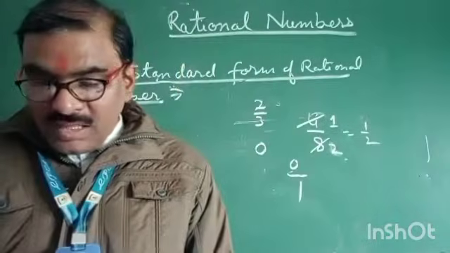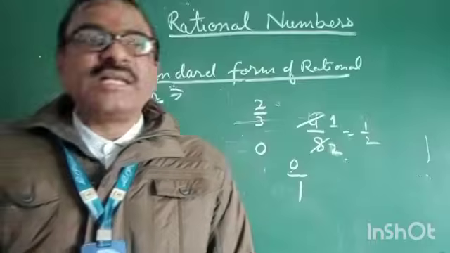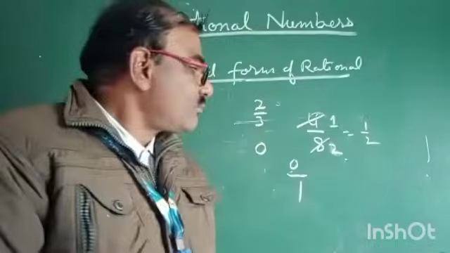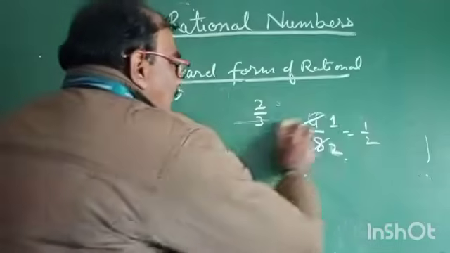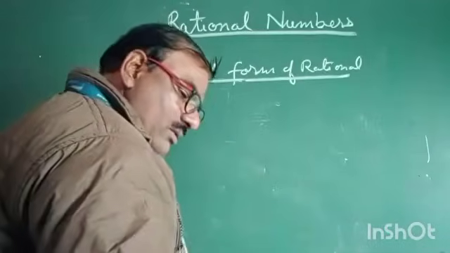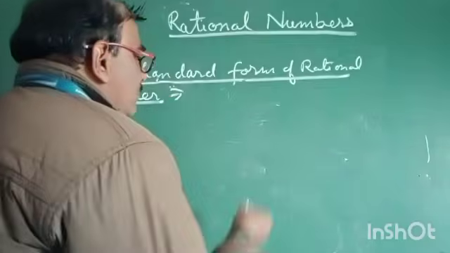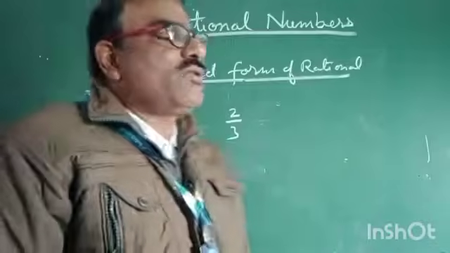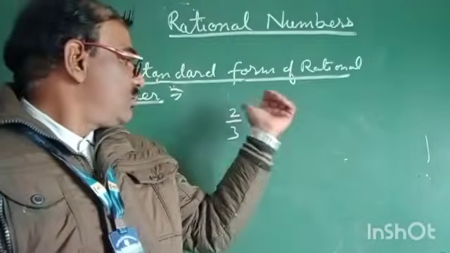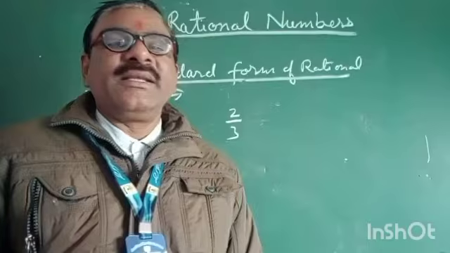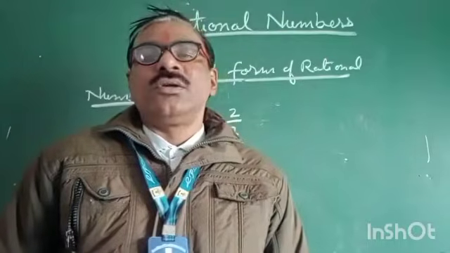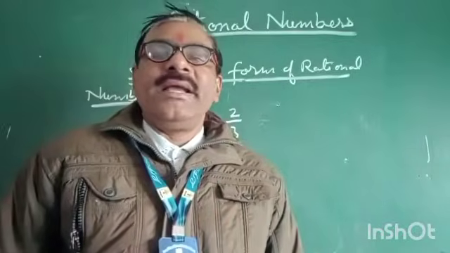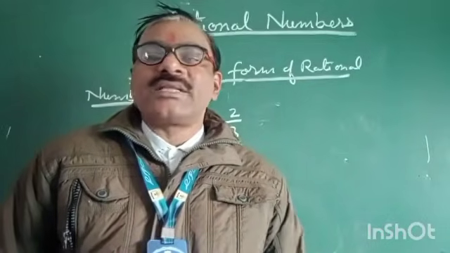Now, I will explain equivalent rational number. How will I find out equivalent rational number? What is equivalent rational number? Suppose we have to find out the equivalent form of 2 by 3. 2 by 3 is a rational number. So I will multiply by any natural number except 1.